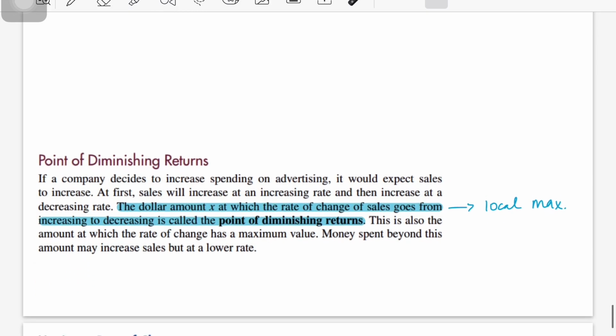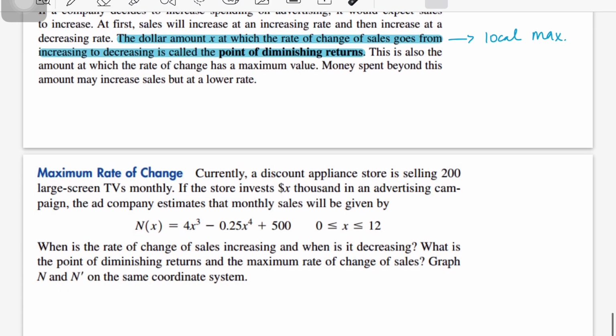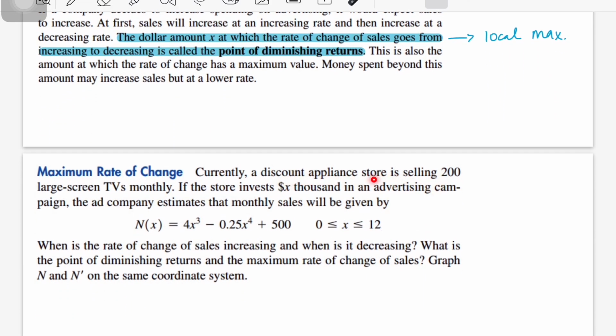Okay, so let's look at this example here. Currently, a discount appliance store is selling 200 large screen TVs monthly. And so if the store invests X $1,000 in an advertising campaign, the ad company estimates that monthly sales will be given by this function here, defined on this interval.